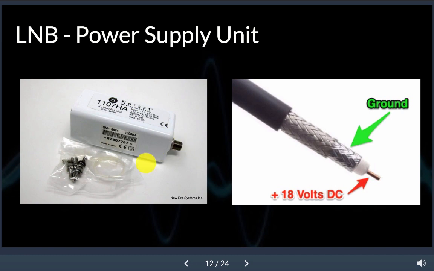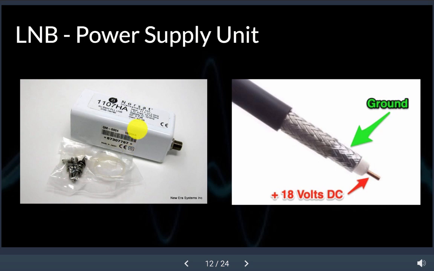The way that we get power to this is the power supply unit sends a voltage over this RF cable. It uses this outer conductor as the ground, and it uses this center pin conductor to push the 18 volts DC into the LNB. That's what powers our amplifier and our down converter inside of this unit right here.